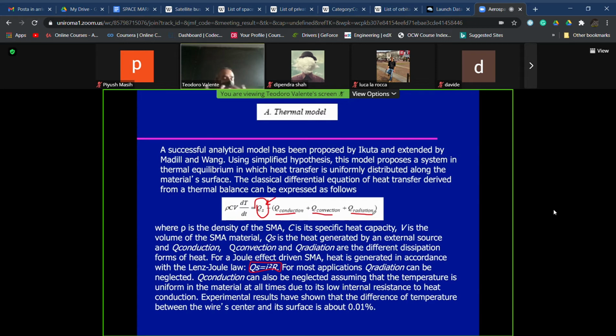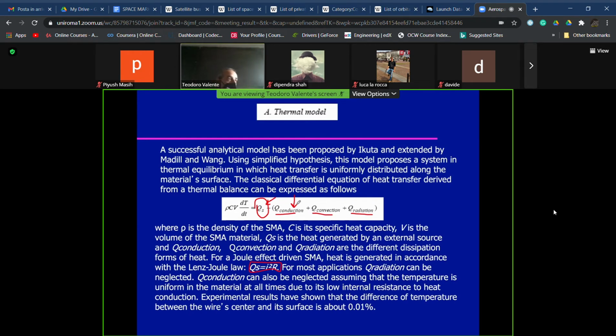Now, if we are thinking about temperatures in the range of 30, 40, also 100 Celsius, these terms essentially can be neglected if you want. As well as the losses by conduction, which also, in this case, could be neglected, because we are discussing a wire, even though it has shape memory behavior.